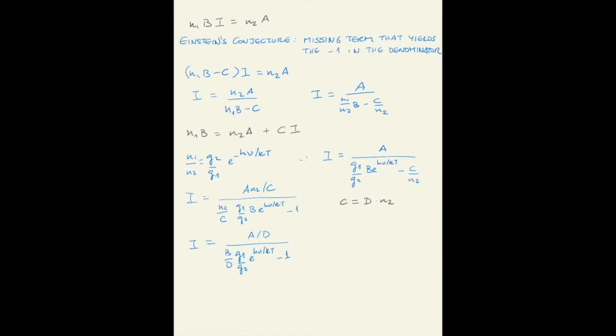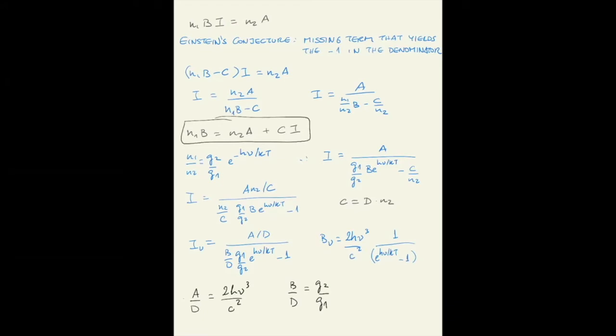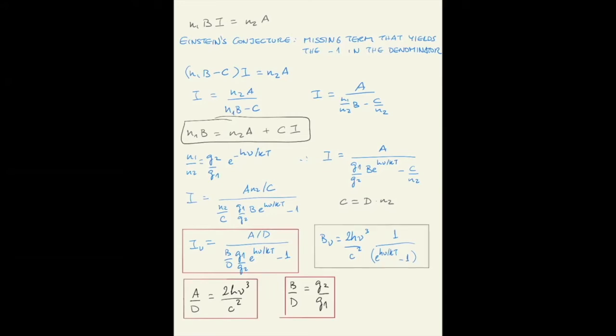Now this has the form of the Planckian, if a over d is equal to 2h nu cubed over c squared, and b over d is equal to g2 over g1. So with this equation here, indeed we find an intensity field that is consistent with the Planckian. The mathematical form is the same as a Planckian, and the coefficients that you find can obey this relation.